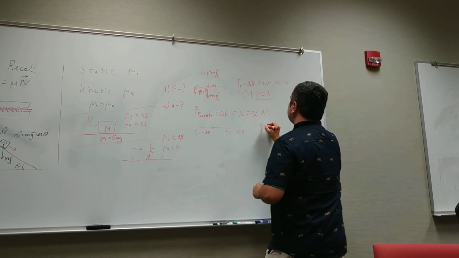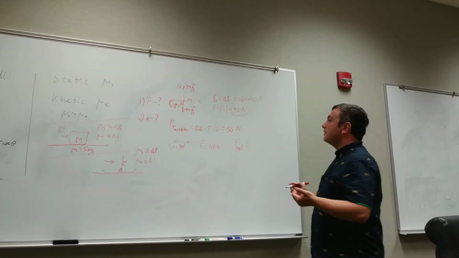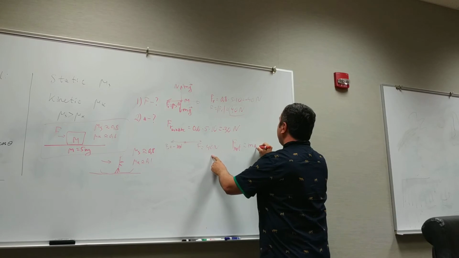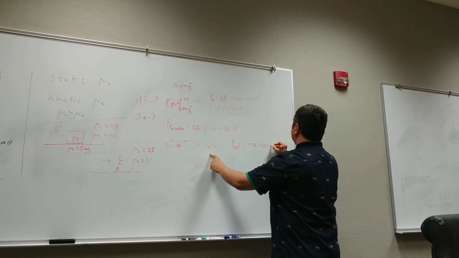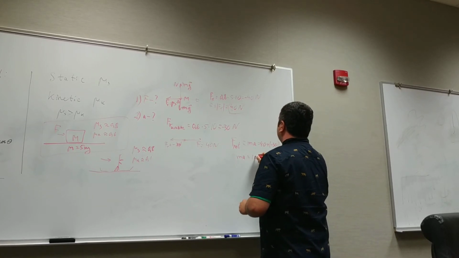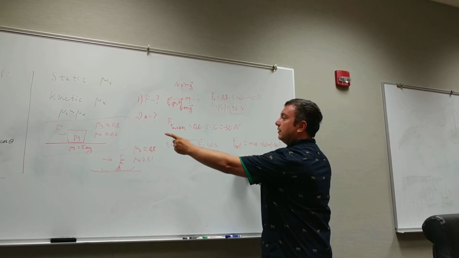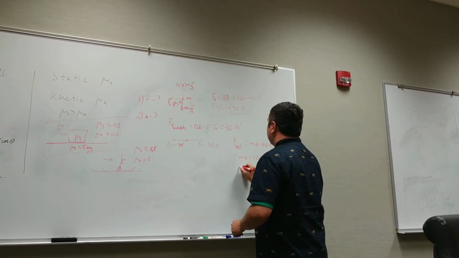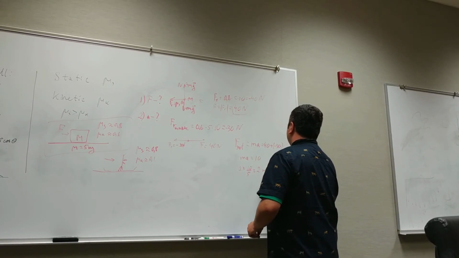So my net force, by Newton's second law, is going to be ma, but at the same time it's going to be 40 plus negative 30. Therefore, my ma is now 10 newtons, mass is 5, so my acceleration is going to be 10 divided by 5 equals 2 meters per second squared.